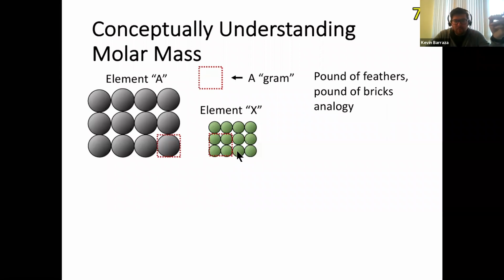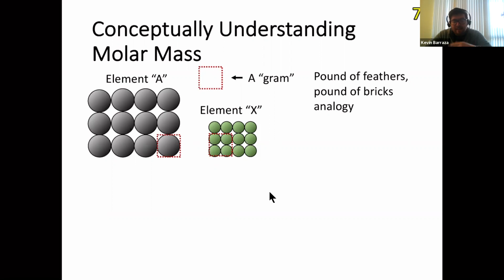It's kind of the same reason that we have this scenario to our left. It's because feathers are lighter than bricks. It means that we need more of them in order to equal a certain weight. In the same way that I need to add more particles here to fit into a gram, and less particles are needed to fit into a gram here.